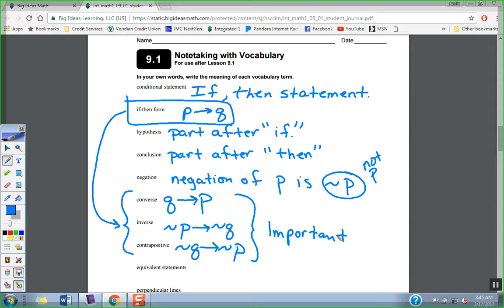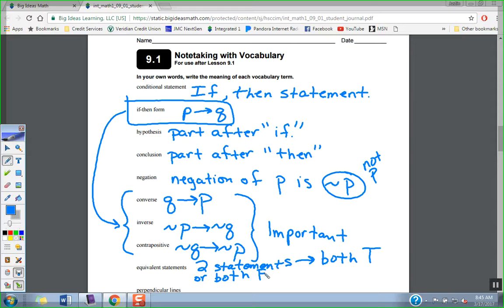Okay, equivalent statements. Here's the deal. Equivalent statements basically are the following. If you have two statements that match, they're either both true or both false.